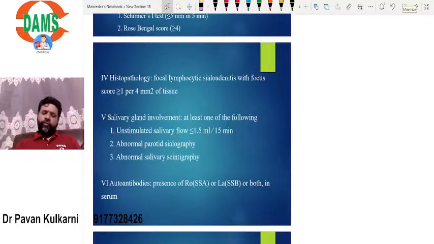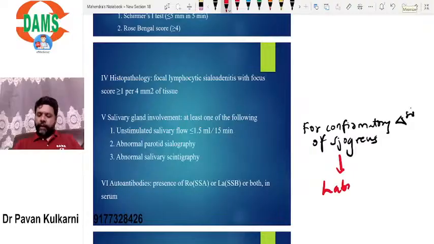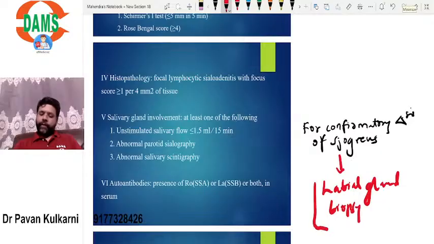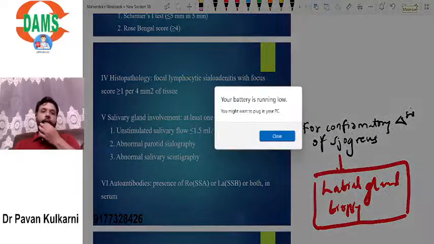But remember, for confirmatory diagnosis of Sjogren's, you require labial gland biopsy. So we know that the lower lip, particularly the lower lip.